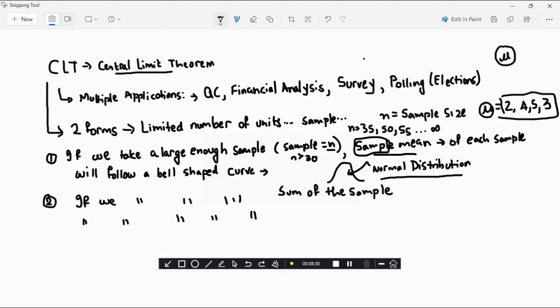Let's say this is your bell shape, which looks like a bell. Again, this has to do with normal distribution.